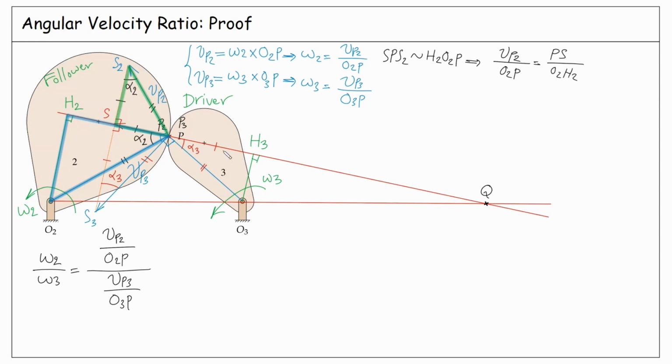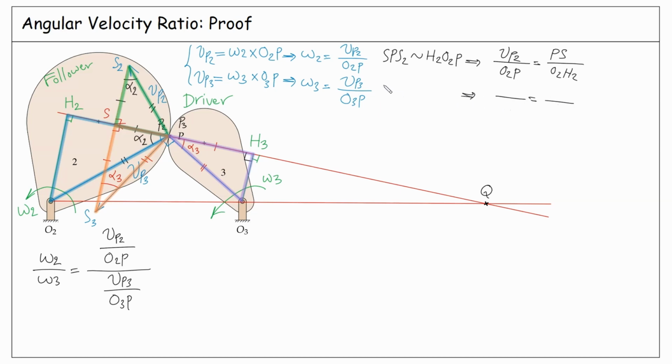The same story happens here. The triangle SPS3 has a right angle here and an alpha 3 angle here, which is similar to the triangle H3O3P, which has a right angle here and an alpha 3 angle here. Let's write the ratio between sides.